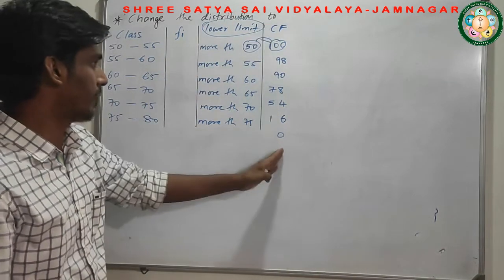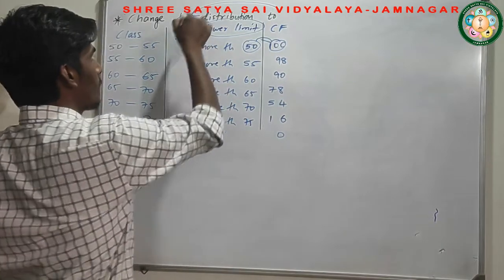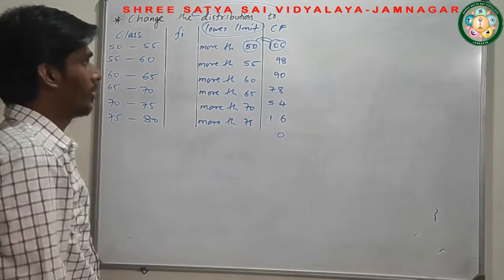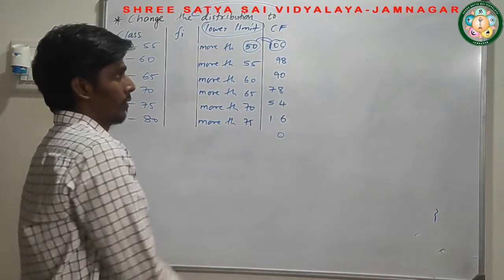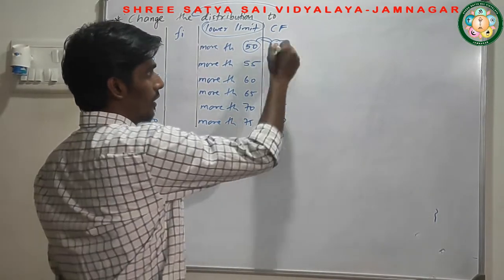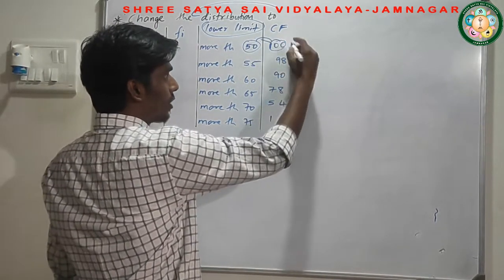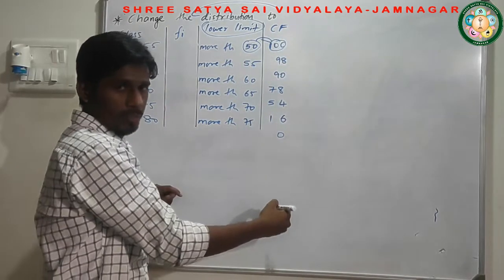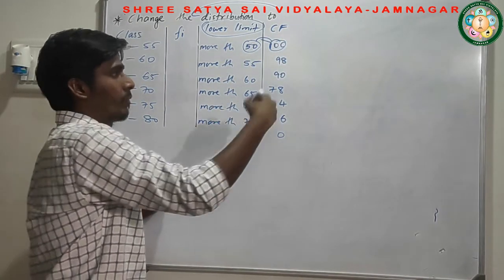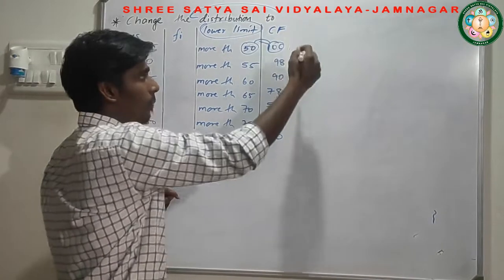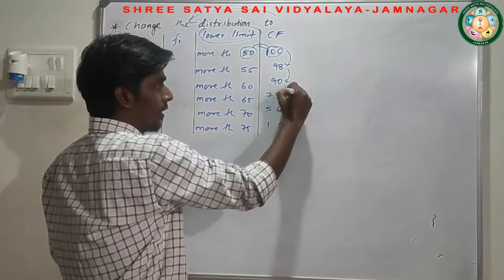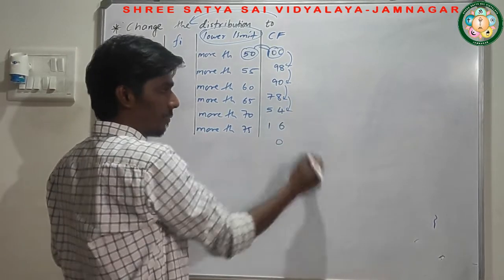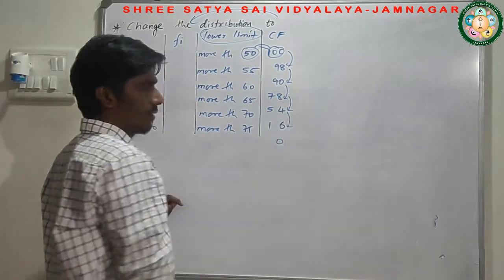Now from this CF, I have to find out Fi. Here the maximum total frequency is 100. In the less than method we separated from bottom to top, but in this more than, I have to separate from top to bottom: 100 minus 98, 98 minus 90, 90 minus 78, 78 minus 54, 54 minus 16.